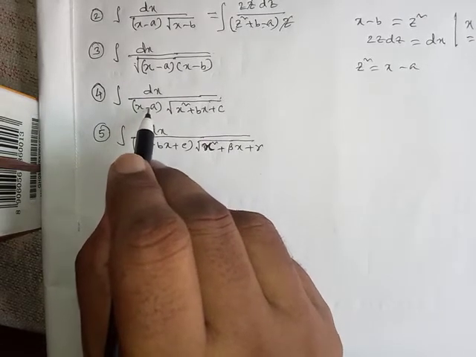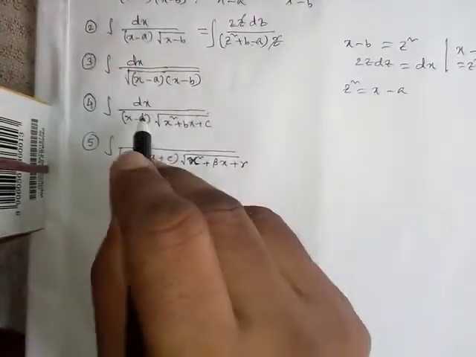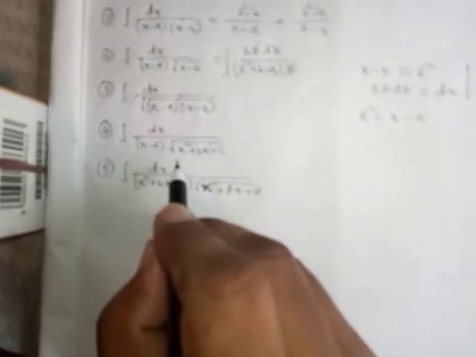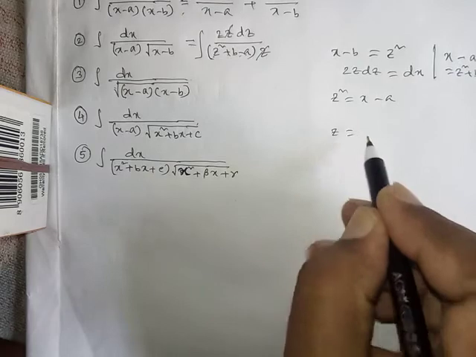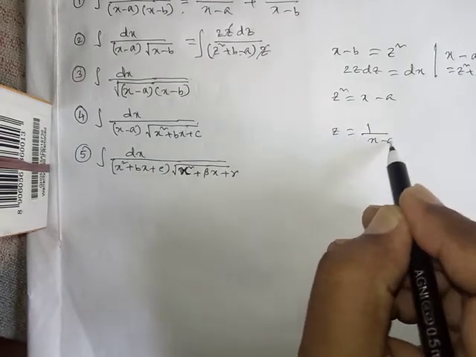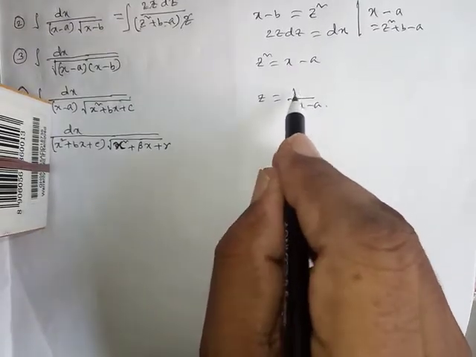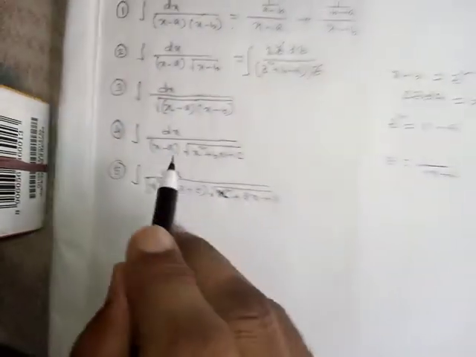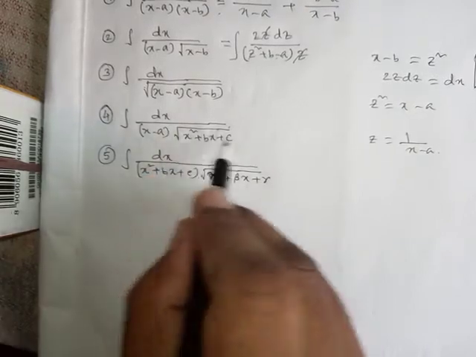He will try, but he won't be able to rescue him from jail, and he will simply fall. So there you may put z equals 1 by x minus a, and accordingly x minus a will try, but he won't be able, then he will be fallen, inverted. Then this x is to be converted into z, and you can do it.